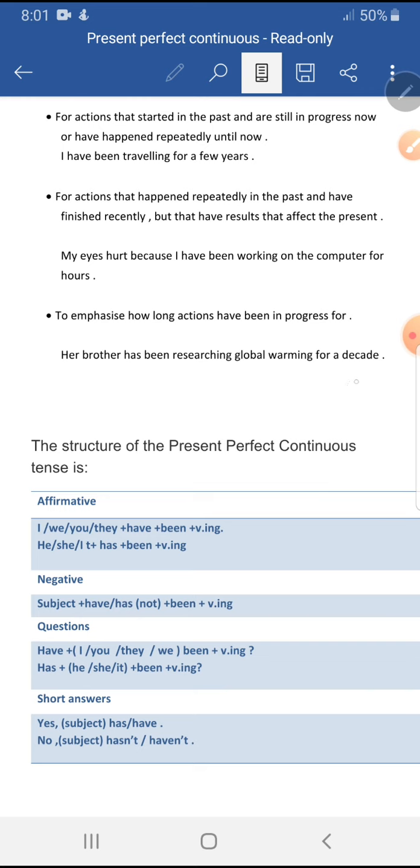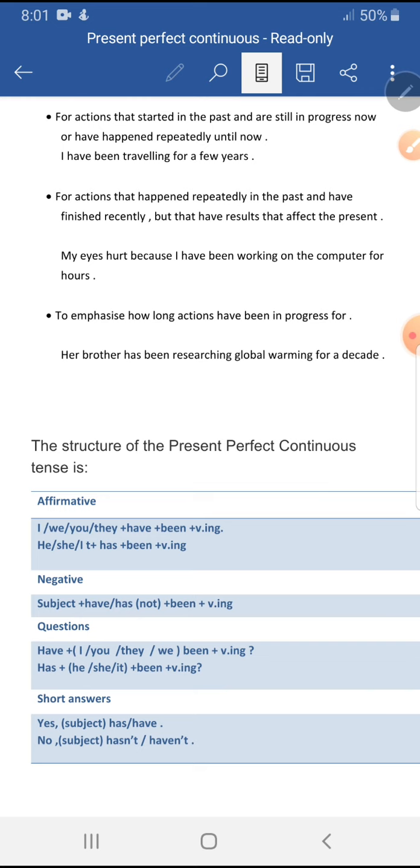Here we have how long and we emphasized the time. عندي decade يعني لمدة 10 سنين. decade اللي هو 10 سنوات، معناته أخوها عم بيعمل أبحاث عن الاحتباس الحراري لمدة 10 سنين. So here we emphasize how long actions have been in progress for.